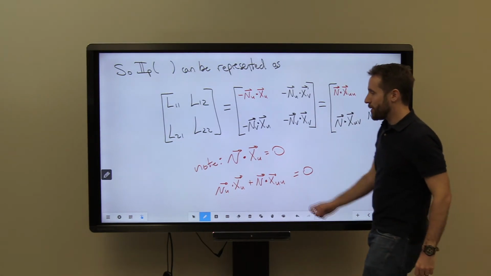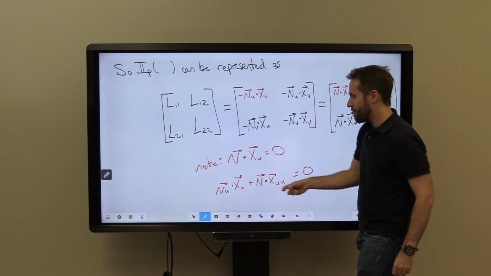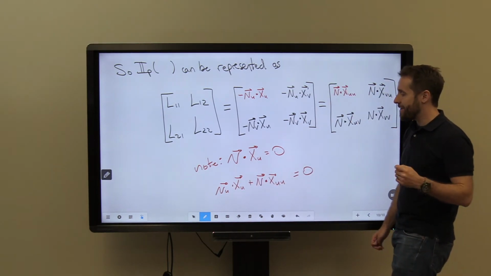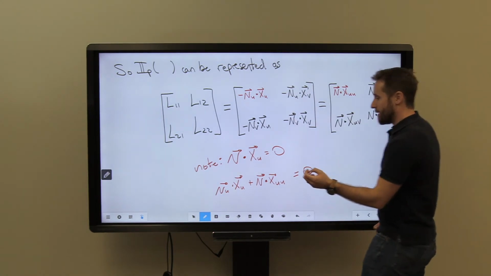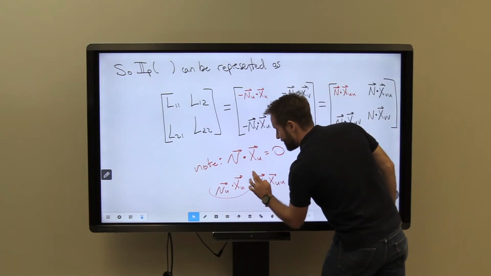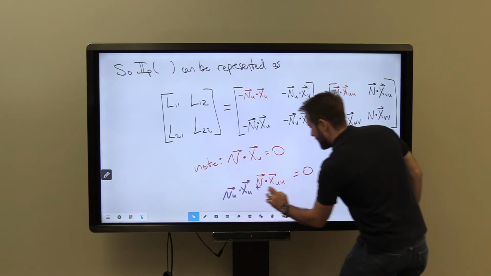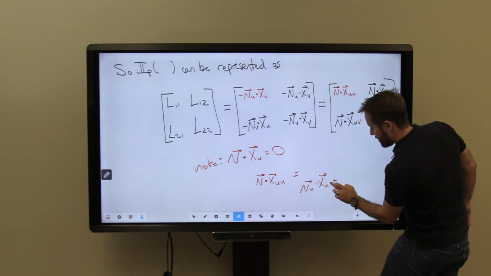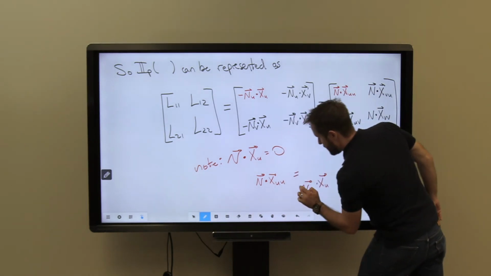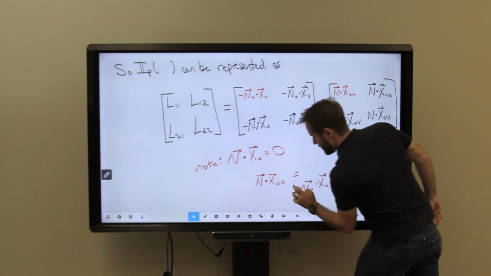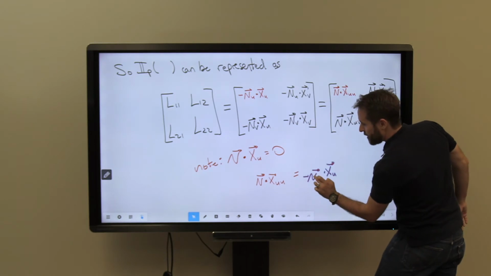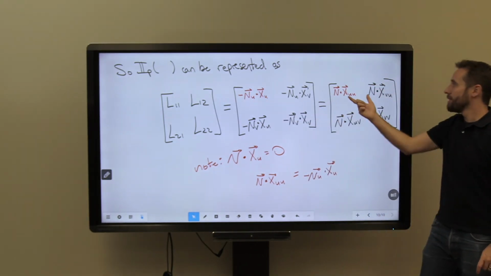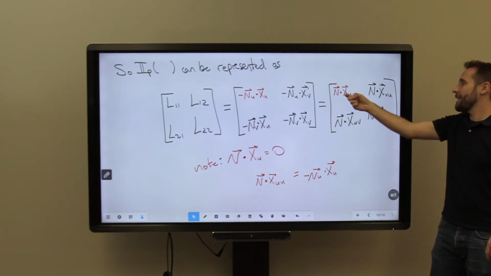The u derivative will hit each of these terms separately, and we'll get a product rule. So if nu dot xu plus n dot xuu equals 0, then I can just move this piece to the other side of the equation. We can subtract, and then the end result is exactly this. So I can replace the negative nu dot xu with a positive n dot xuu, and that's true for all four of these as well.